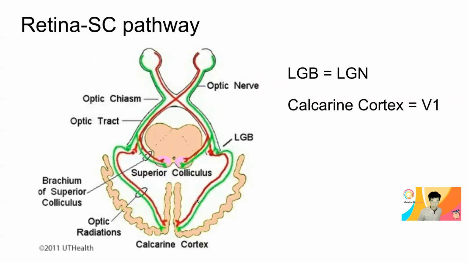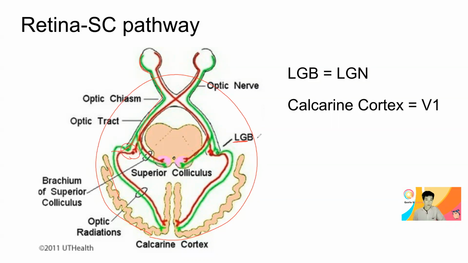This is an anatomical schematic of where the superior colliculus is with respect to the LGN. So these are the eyes, and this is roughly the brain, in a horizontal slice like this. The left side of the eye, for example, projects to the left side of the cortex, and then it branches in two ways. One goes to the LGN.